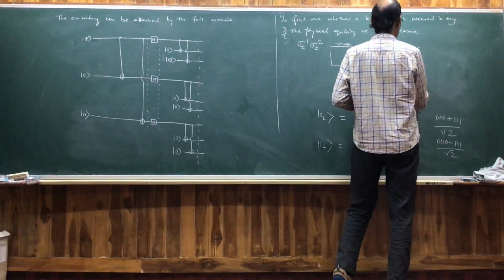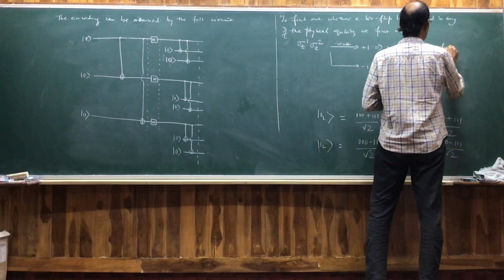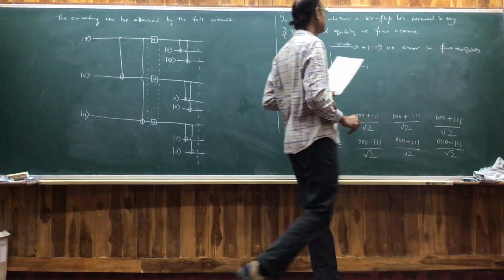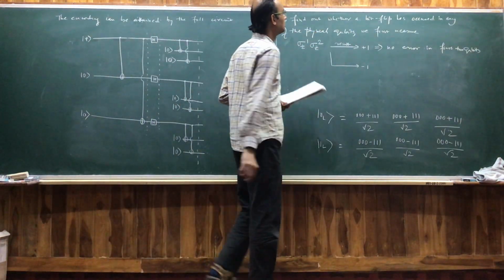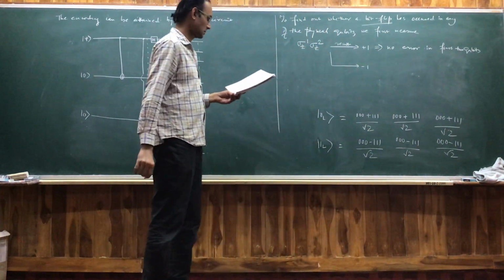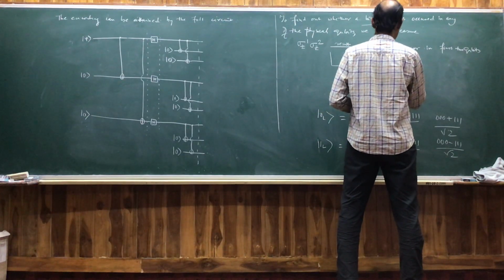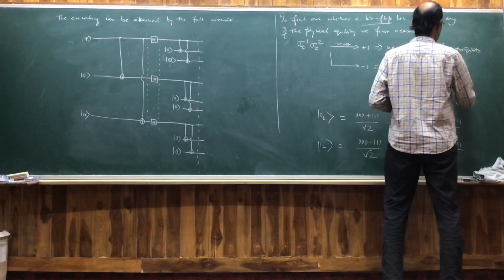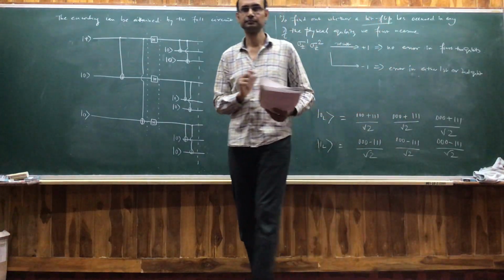There is no error in the first 2 qubits, no bit flip error, because we are considering first the bit flip. And this implies that there is error in either first or second qubit. Again, error means bit flip.